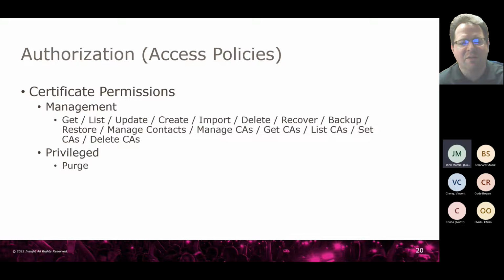That's what the manage CAs and get CAs and list CAs are all about: managing the certifying authorities and making sure that your certificate trust chain is maintained. So that if a certificate up the chain has a problem or expires, or gets compromised or something along those lines, you can quickly identify what certificates are impacted and manage those as well.